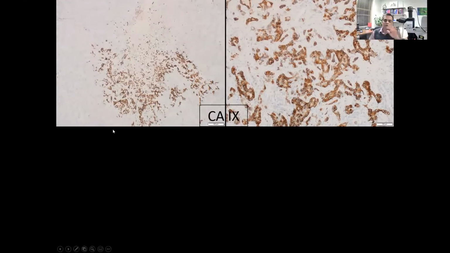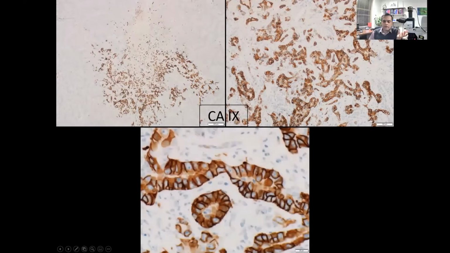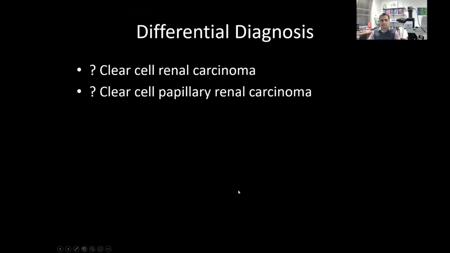So essentially all clear cell renal cell carcinoma should be positive for CA9. And this particular tumor, we see CA9 is positive over here, and high power, we can see many of the cells in here positive. But in some areas, we even see positivity for CA9 in this cup-like pattern that I was talking about earlier in clear cell papillary renal cell carcinoma. So should we even include this in the differential?